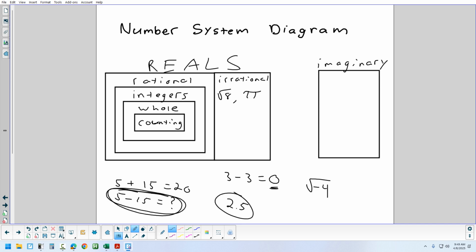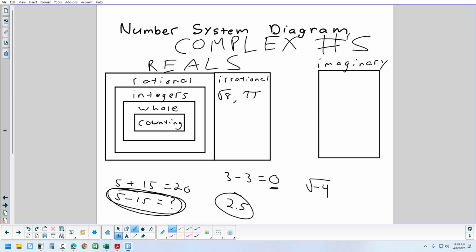Applications are more advanced. And if you take all the numbers that are real and you take all the numbers that are imaginary and you put them all together, you get complex numbers. So complex numbers are like the big group of everything. So I wanted to try to show you where complex numbers fit in.